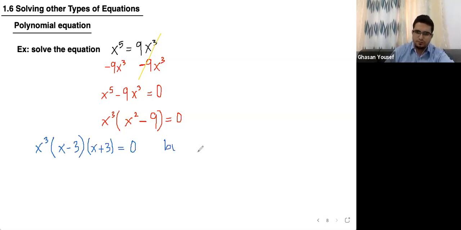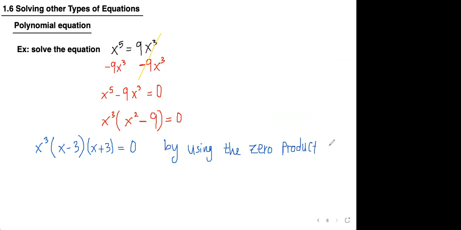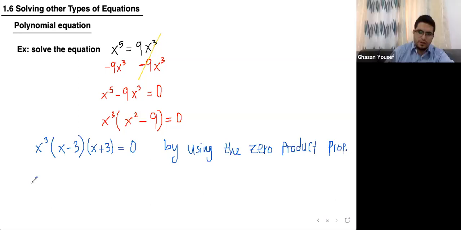So by using the zero product property, now we get x cubed equals 0, or x minus 3 equals 0, or x plus 3 equals 0.